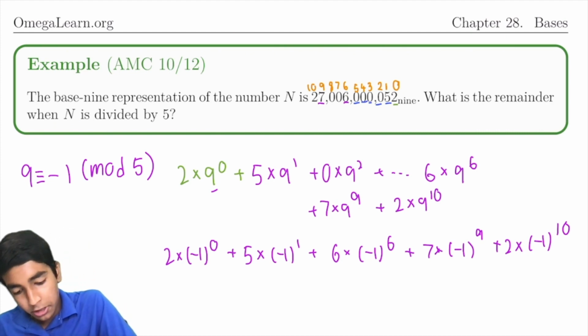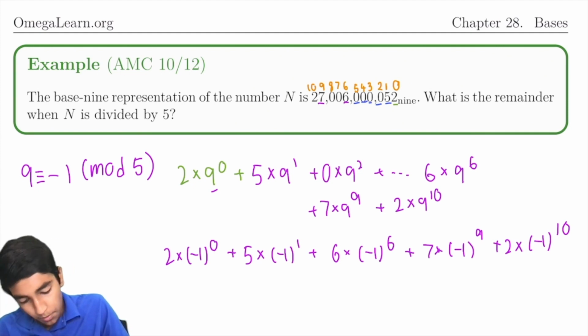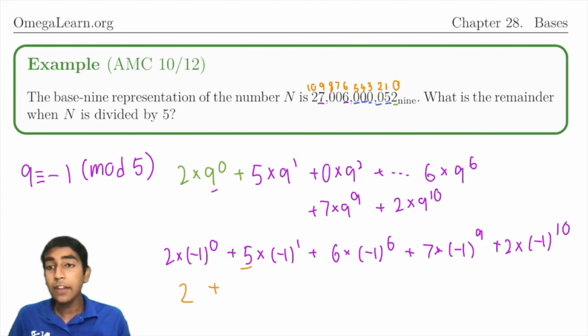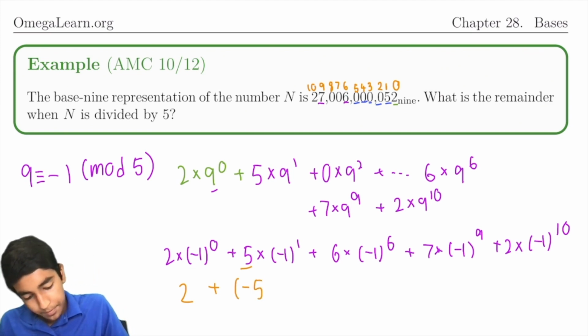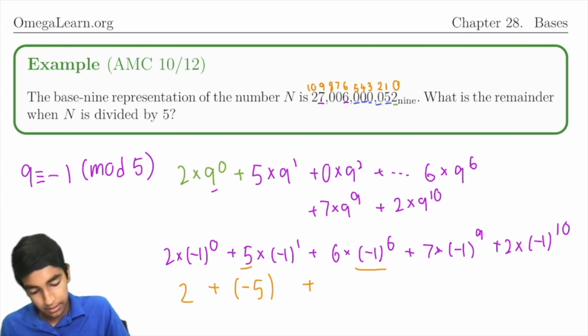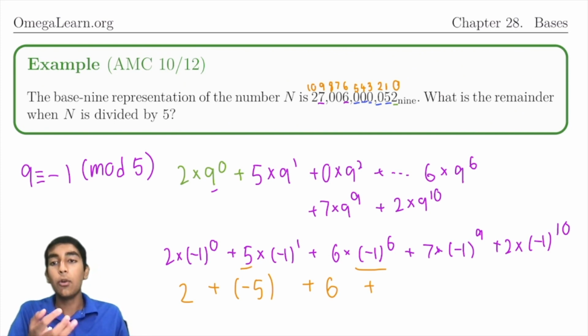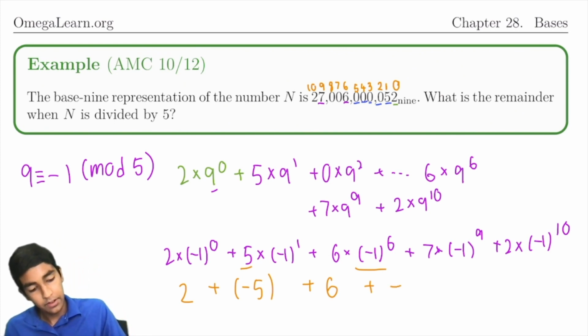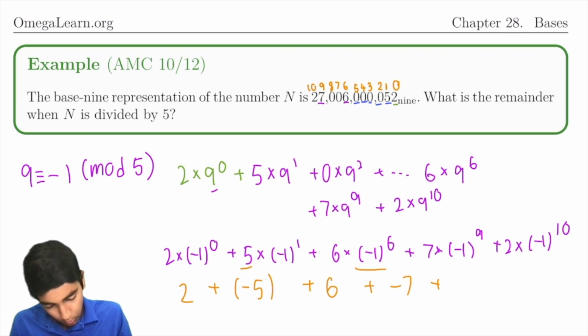So -1 to the power of 0 is 1. So this becomes 2 plus 5 times -1 to the 1, which is -1. So 2 plus -5 plus -1 to the 6 is 1. So plus 6 plus 7 times -1 to the 9, which is -1, -7, plus 2 times -1 to the 10, which is just equal to 2.